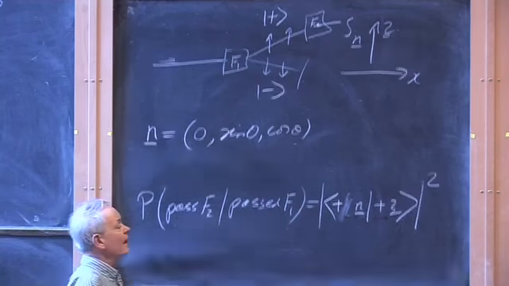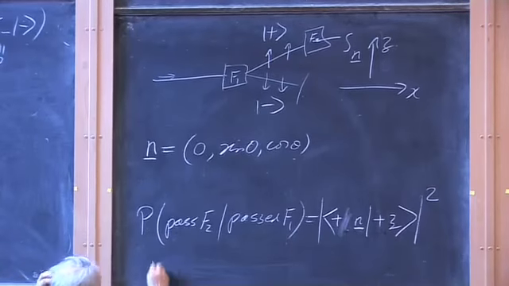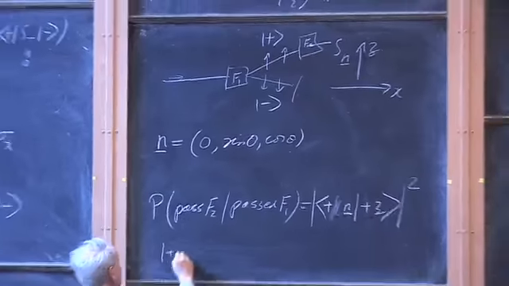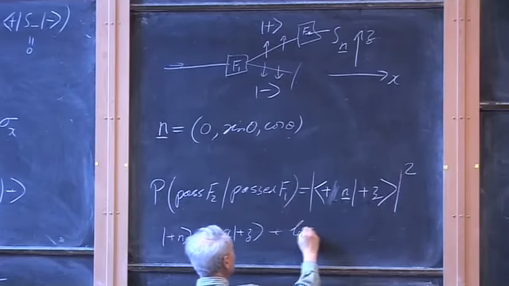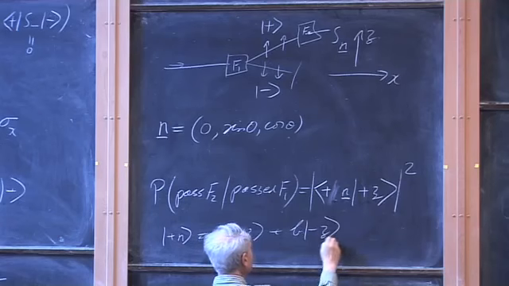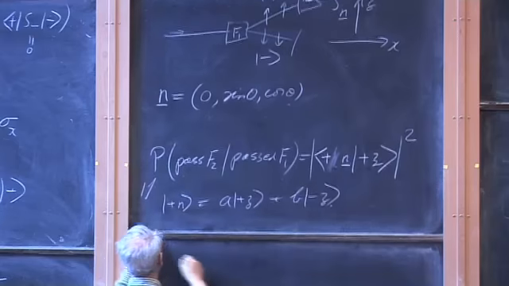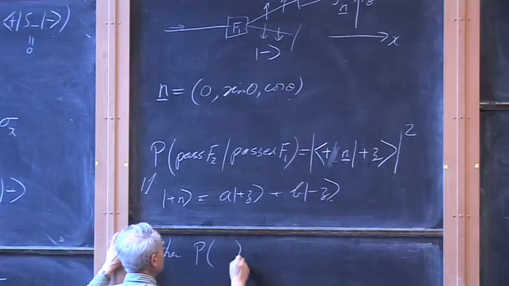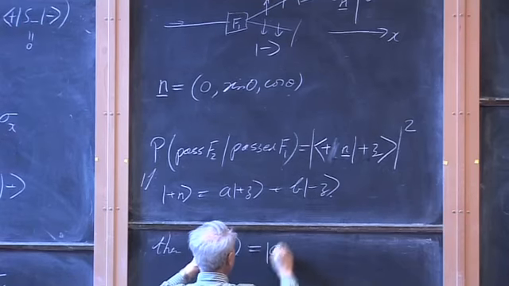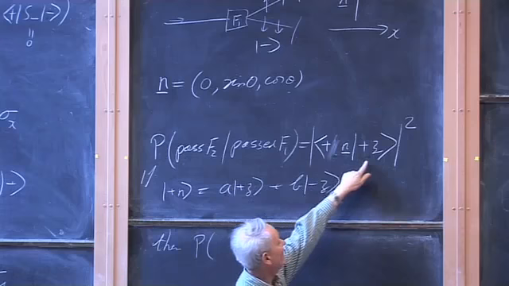So we can work this out. We can get this complex number as soon as we know how to write plus n as an amount of plus z plus an amount of minus z, right? Because if we get this number and this number, then the probability that we want is going to be mod A squared, because A star is going to be exactly that number.